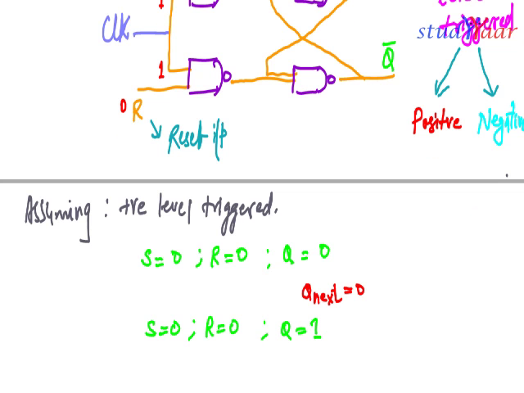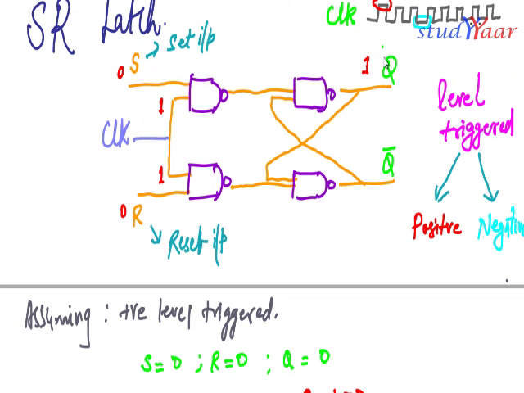Okay, and I'm talking only about positive clock trigger. Okay, positive clock level. Okay, you have 0.1 the whole bar. What is this? 0.1 is 0. The whole bar is what? This is 1.